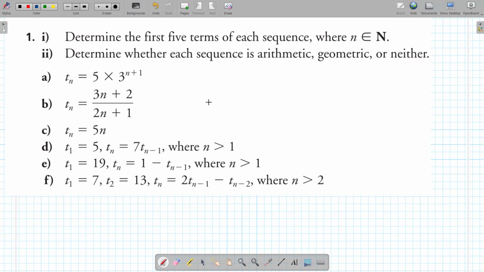I can always write it out. So the next term is going to be the previous term times 7. So 7 times 5, 35. 35 times 7, 245. 245 times 7, whatever that is. But the next term is always the previous term times 7. Is that arithmetic or geometric?